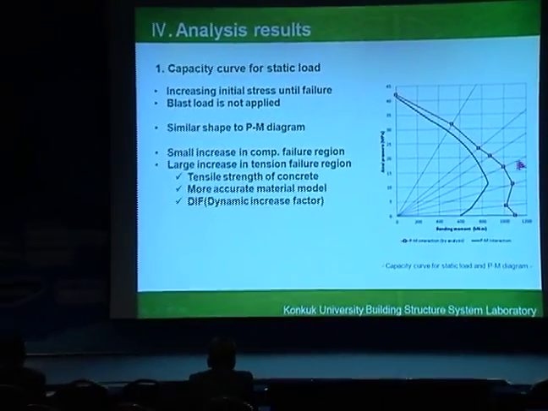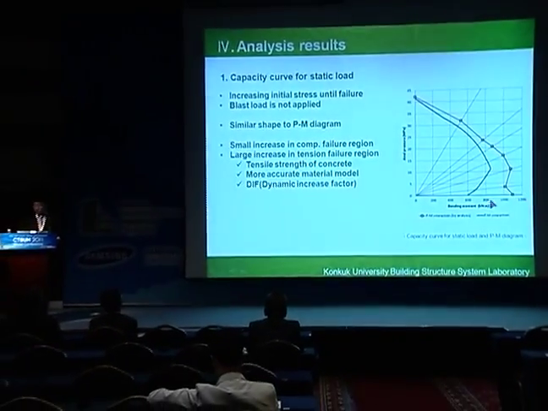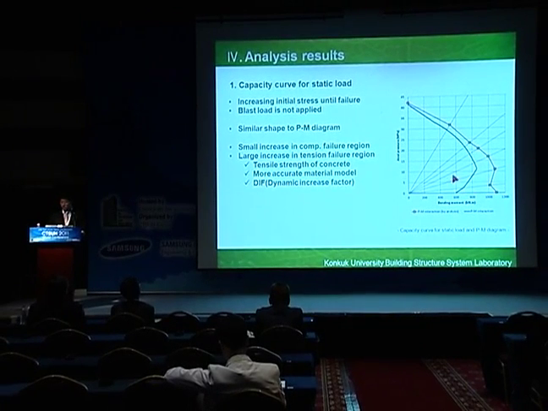but significantly larger capacity in the tensile region. We assume that this discrepancy came from this kind of difference. In Autodyn analysis, we use the tensile strength of concrete, and we use a more accurate material model for concrete and steel.